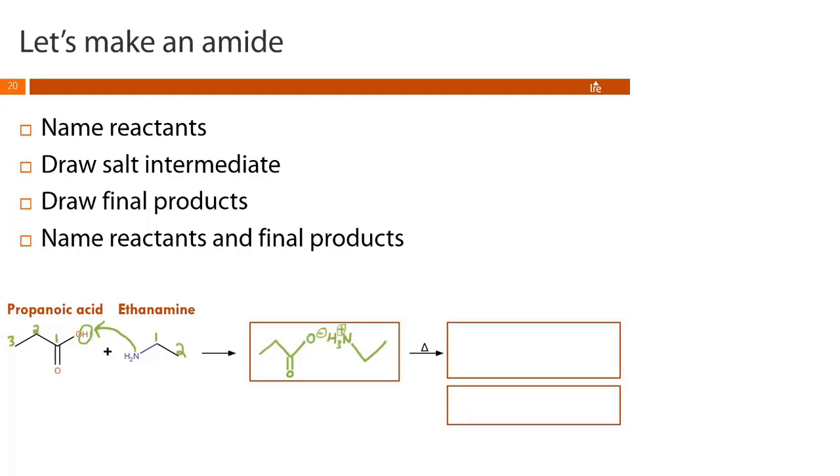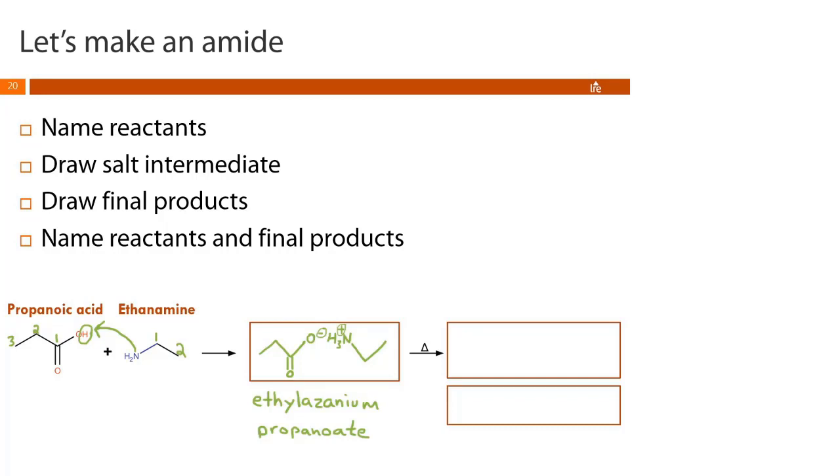And I didn't ask you this before you started, but you could name the salt, and we're going to name the salt just like any other, where we start with the cation name, which would be ethylazanium. And we end with the anion name, which would be propanoate. Okay, so now let's heat our ethylazanium propanoate.